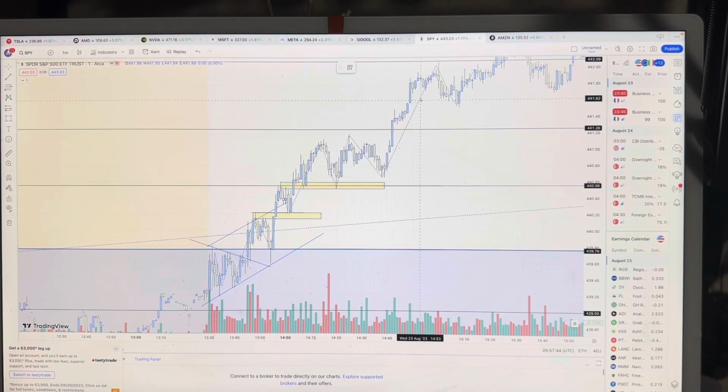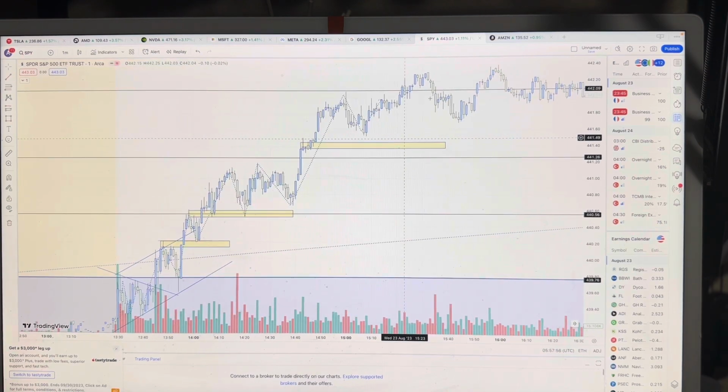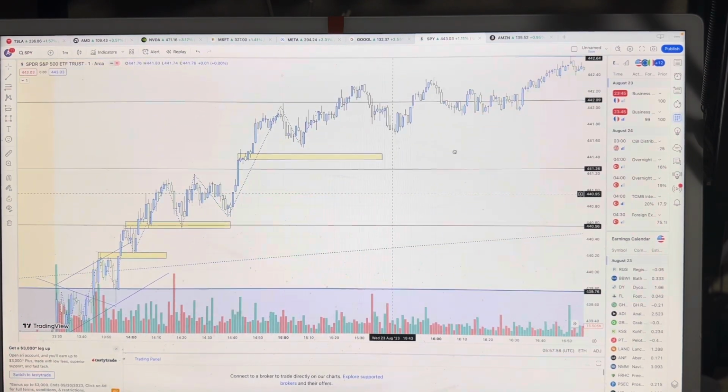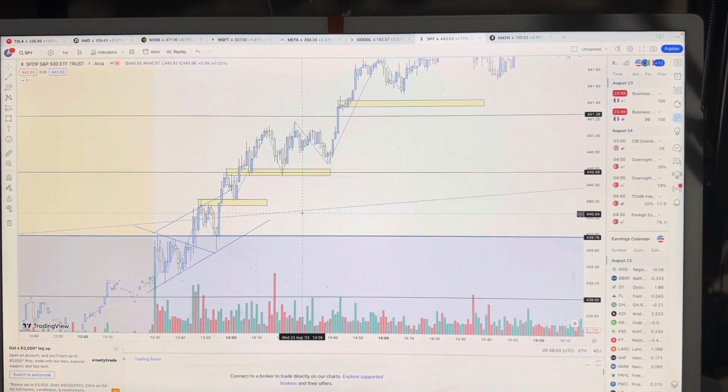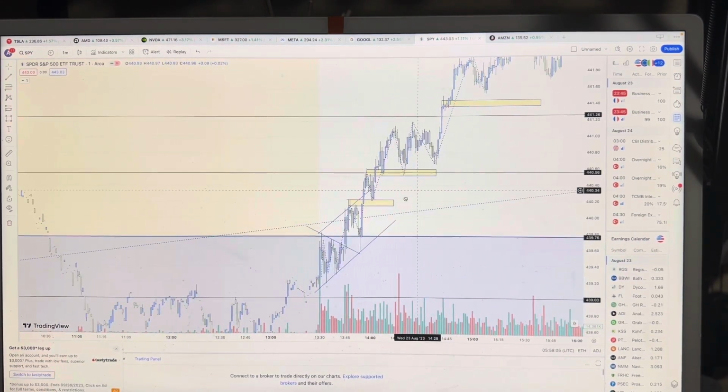I would set a stop loss right where I see more of a consolidation level. So maybe around here. Somewhere around there. When we bounced off of that and continue to the upside. So that is how I held.